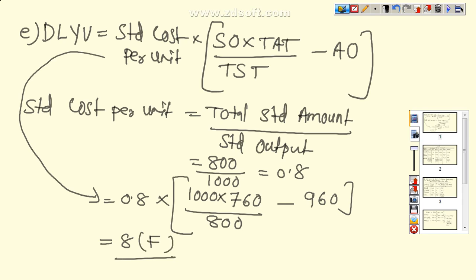If the answer is negative in case of yield variance, we write favorable, and if positive, unfavorable.